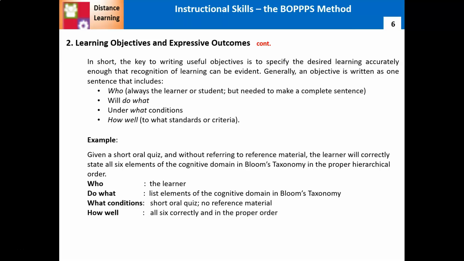This is a question you can ask in class. And how well: all 6 correctly and in the proper order. So this is what we want. We don't want students to mix up, starting with evaluation and ending with remember. We want students to do that in the proper order, and this is the criteria, this is the standard we are looking for.